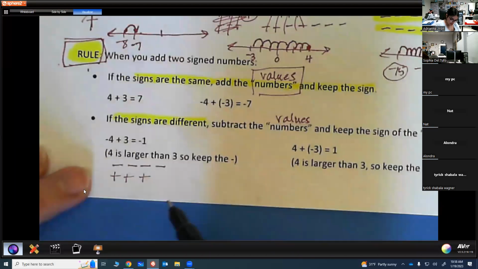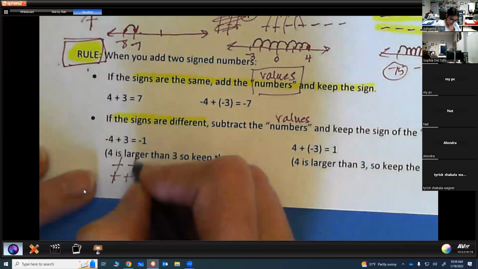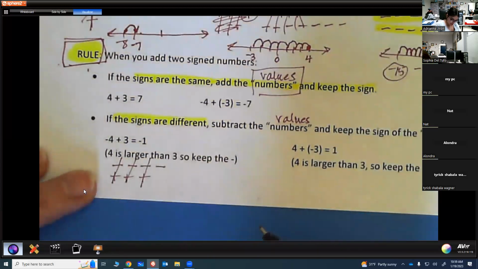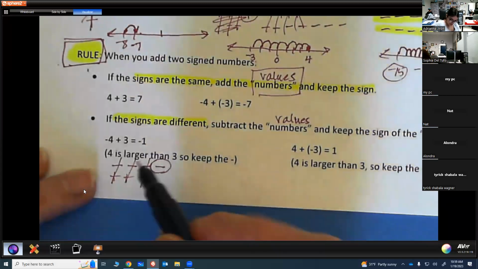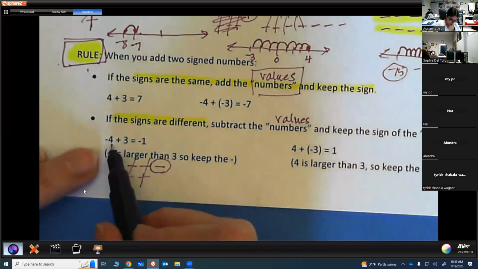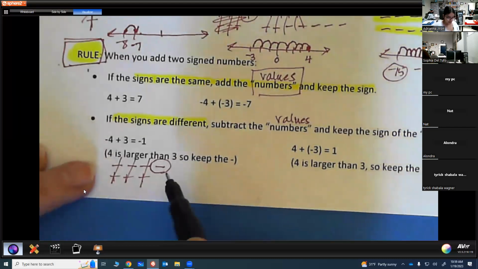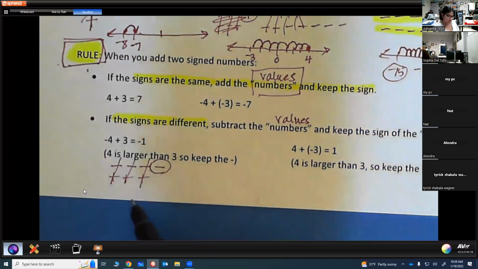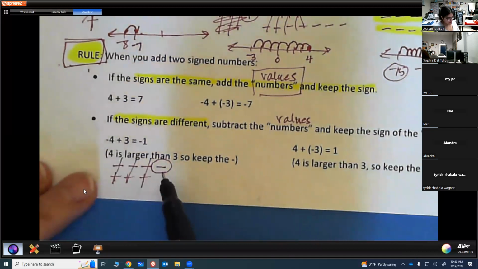When the signs are different, we end up crossing out these pairs, and we get left with whatever's left. All we're doing is subtracting 4 minus 3 to get 1, because the 3 positive charges cancel out 3 of the negative charges, which leaves me only 1 negative.